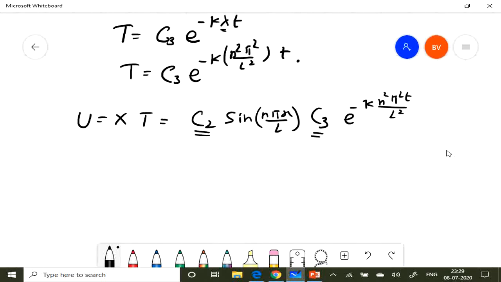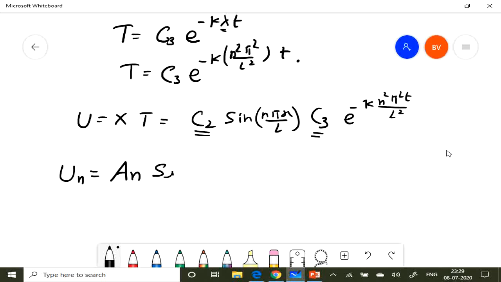This is u. We write it u_n generalized. C2 and C3 we will write as a constant a_n. Instead of C2 and C3 we write the nth constant for any n. If n is equal to 1, you will first settle like this.